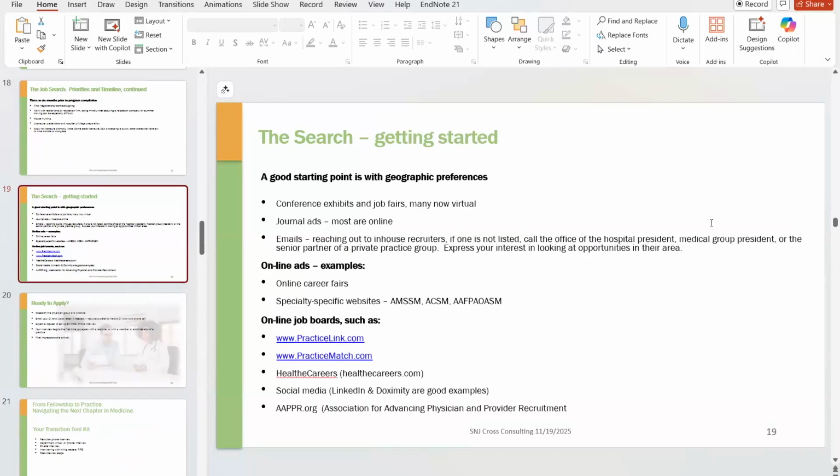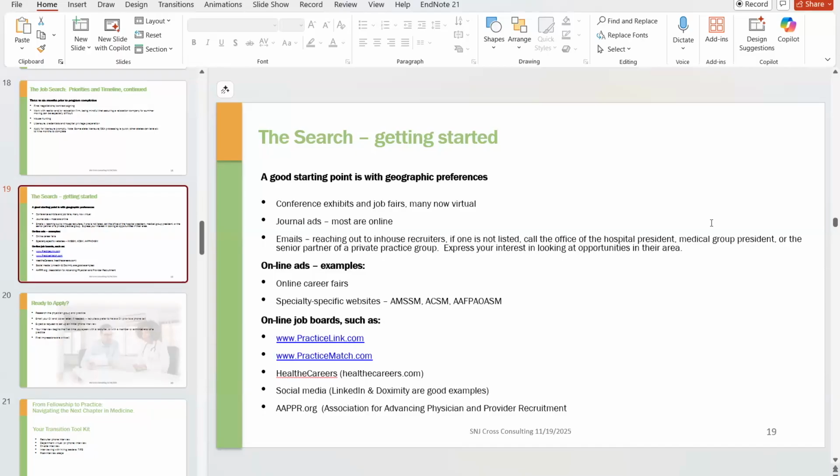If you look at page 19, this again goes back to getting started and where's a good place to start looking for jobs. One thing that I'll say, if ever in doubt, pick up the phone and call any hospital, any medical group, any private practice, and ask to speak to the CEO or the head physician leader for the private practice group and let them know you're looking for a job.